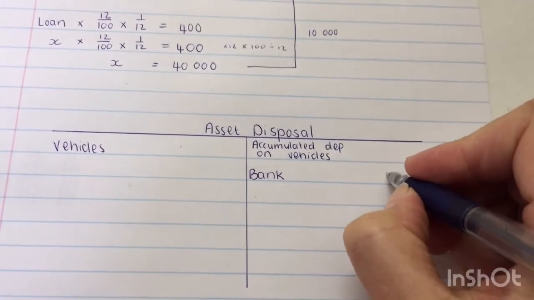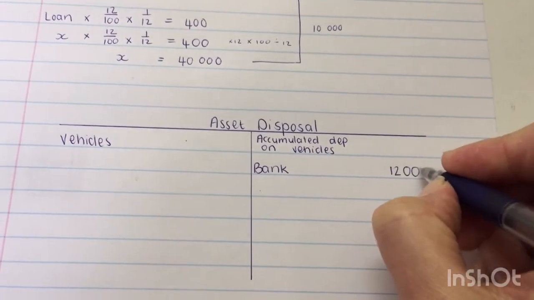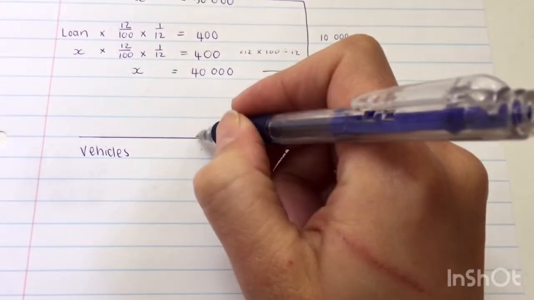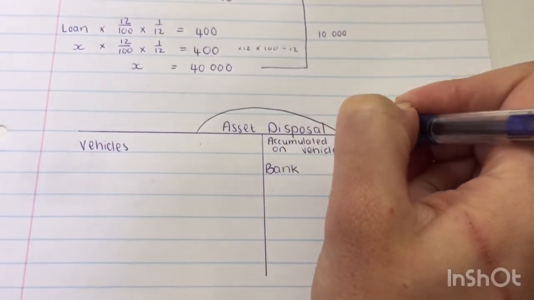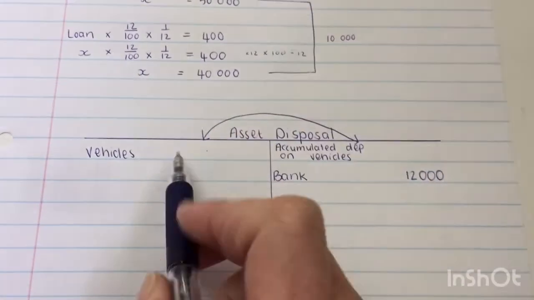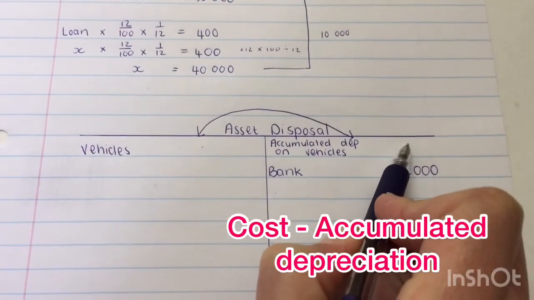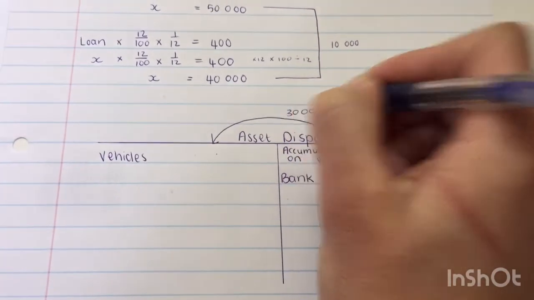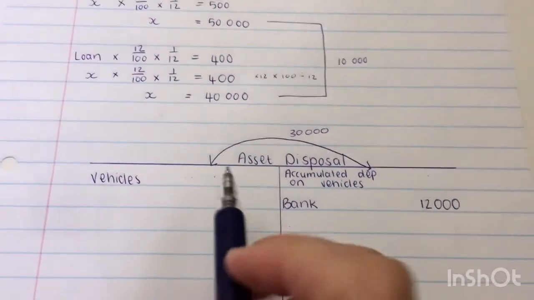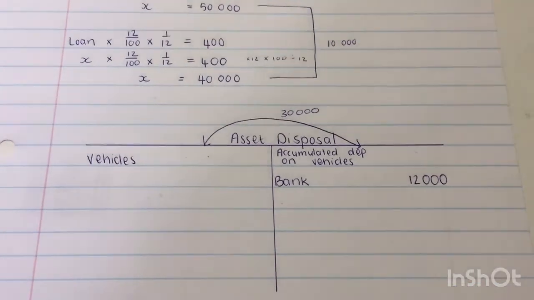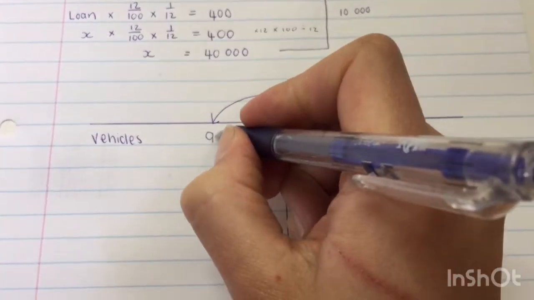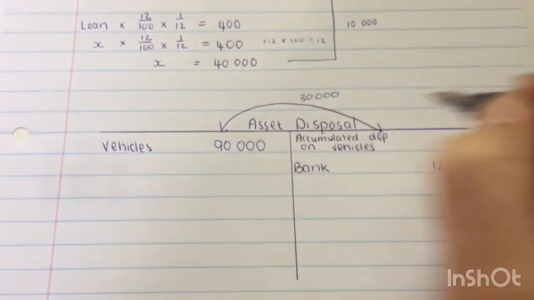What I do know is that I received 12,000 Rand cash. You also need to know that the carrying value is the cost minus accumulated depreciation. That gives me 30,000 Rand. Technically you can fill in anything over there. So let's say the cost was 90,000.